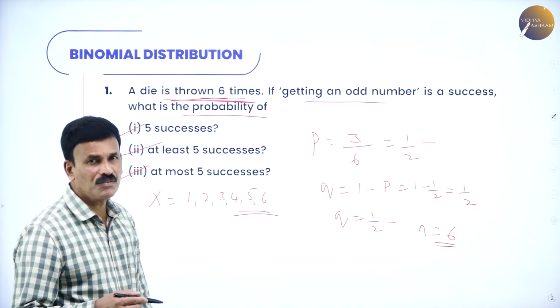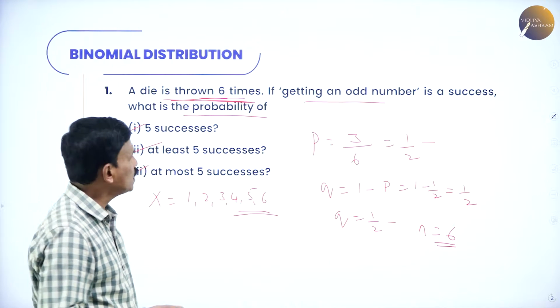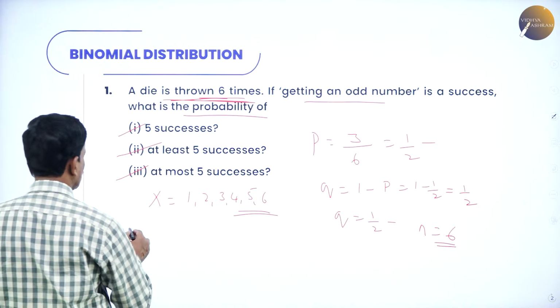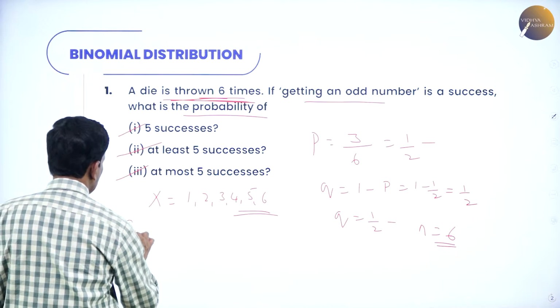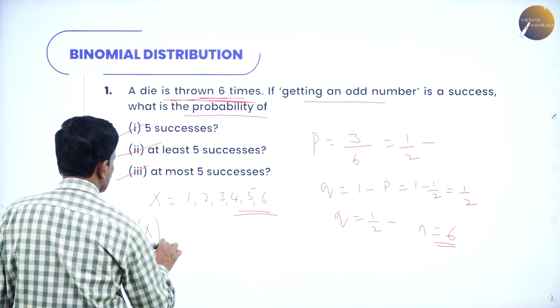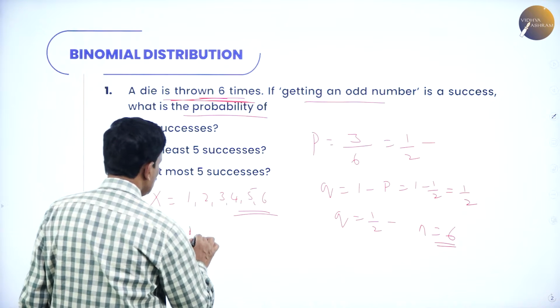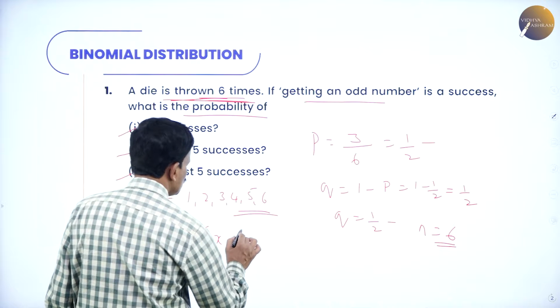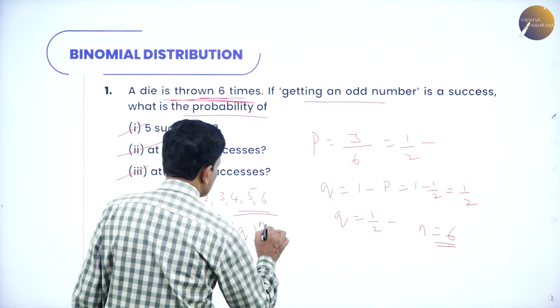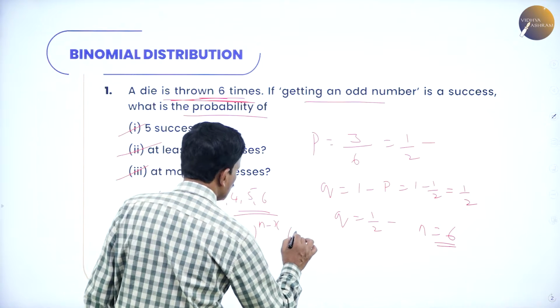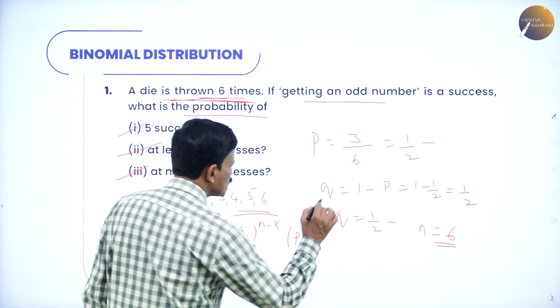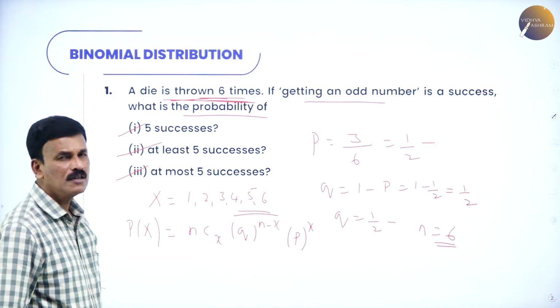Now write down the general formula using the binomial distribution. Probability of x is equal to nCx q to the power of n minus x into p to the power of x. This is the general term.